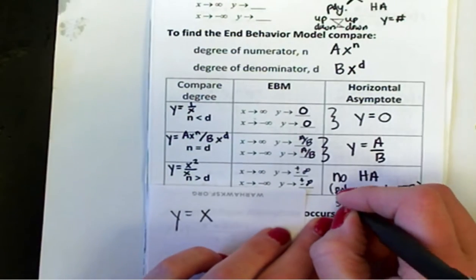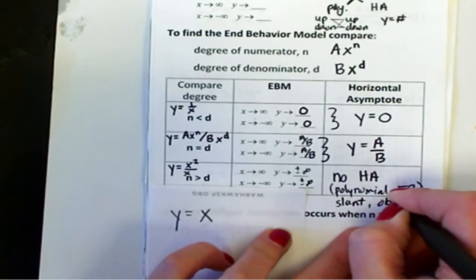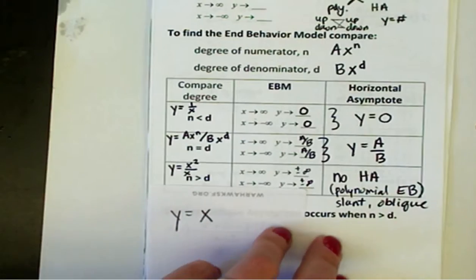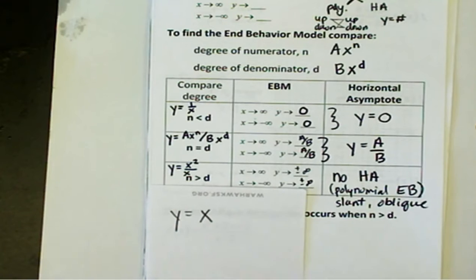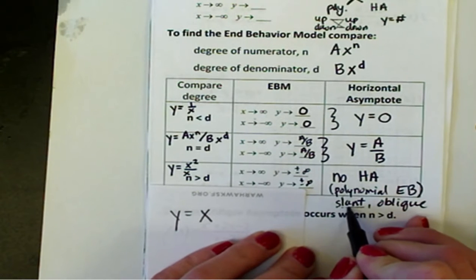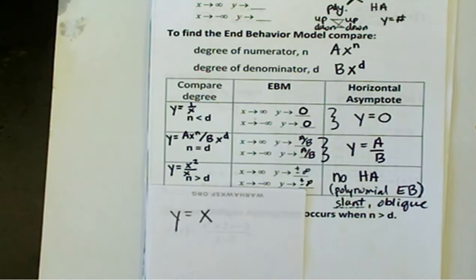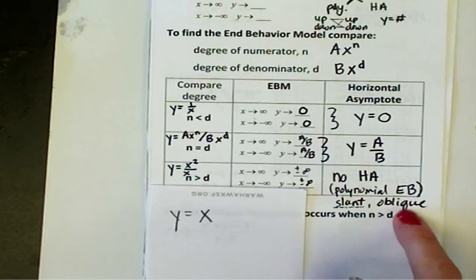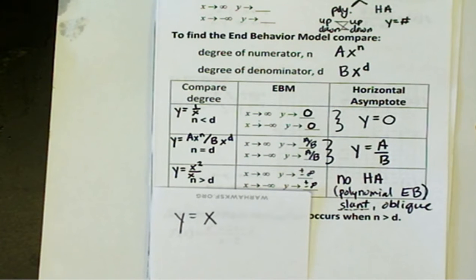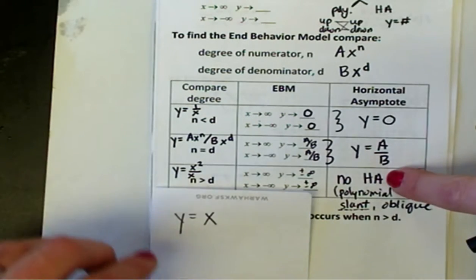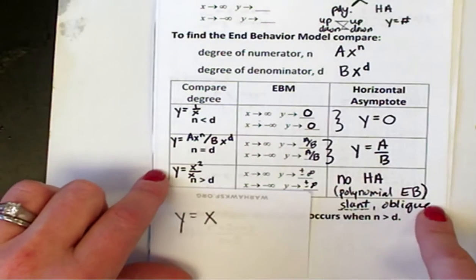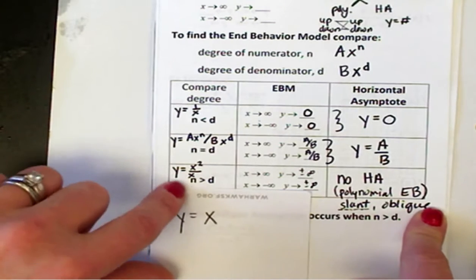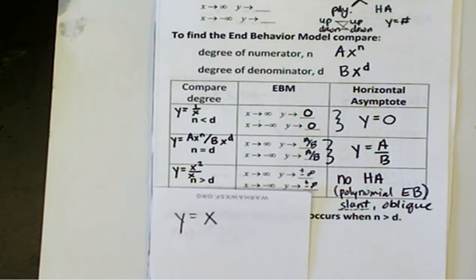We call this either slant or oblique, and it depends upon which book you look up. I'm going to use the word slant. You saw in the warm-up I titled it slant. That's what I'm going to call it, but it's also called oblique. It just means not horizontal. When you don't have a horizontal asymptote, you get polynomial end behavior, where the same thing works. That reduced to x, so your end behavior would be down, up. That's what it would be, down and then up.